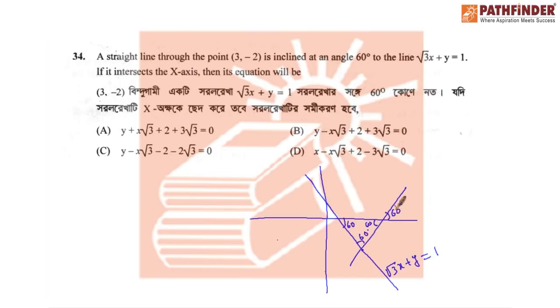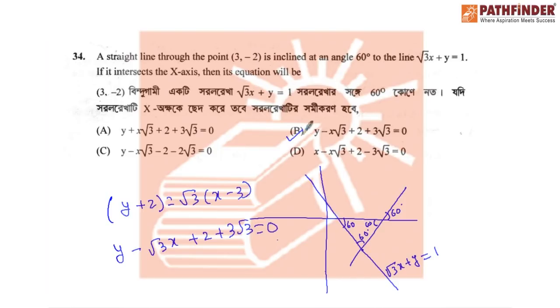If this is 60 degrees, that means its slope is root 3, tan 60 is root 3, and it passes through (3, minus 2). So the equation is y plus 2 is equal to root 3 times x minus 3, or y minus root 3x plus 2 plus 3 root 3 equal to 0, which is given in option B.